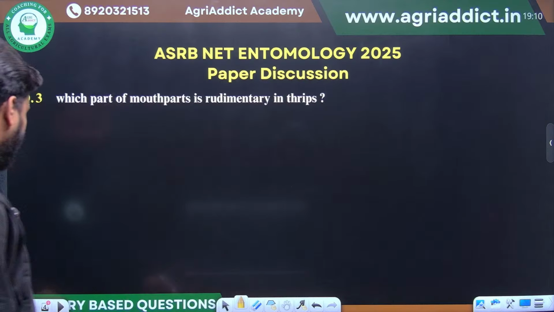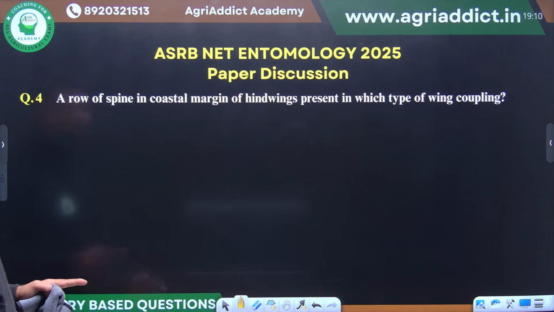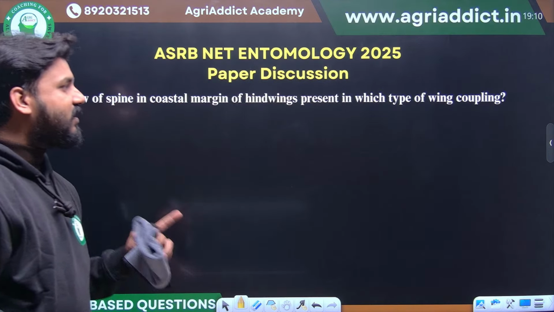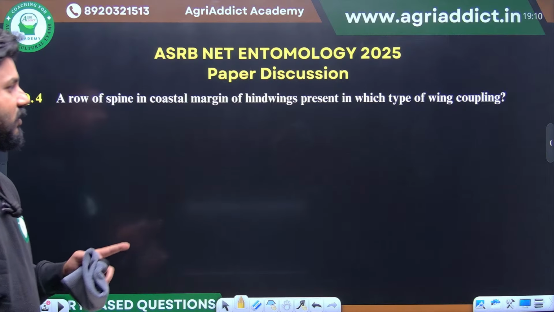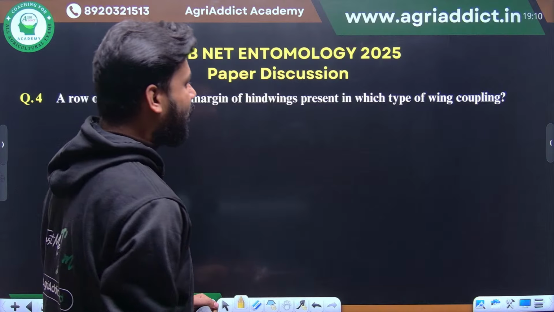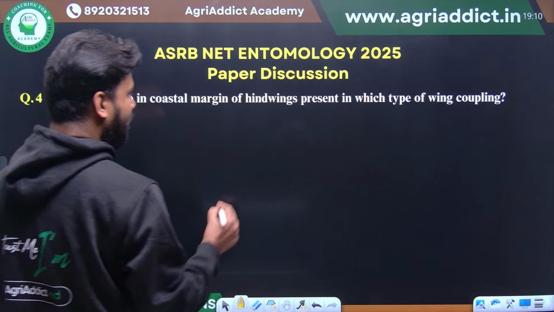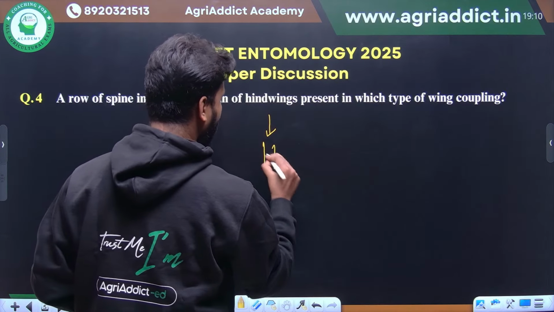Now coming to question number 4. A row of spines on the costal margin of the hind wings is present in which type of wing coupling? So this is a very common wing coupling seen in bees. The answer will be hamuli.